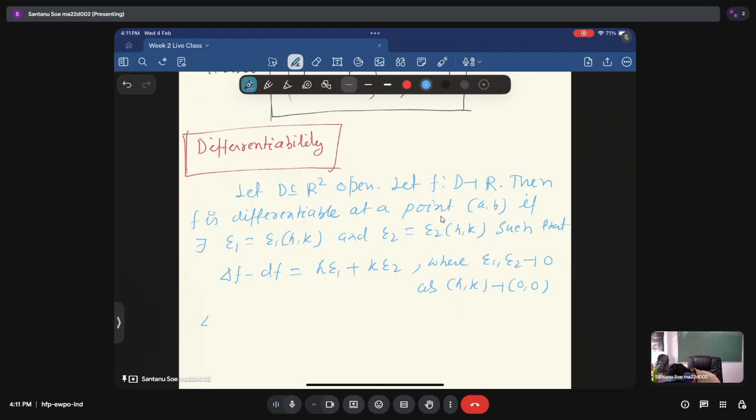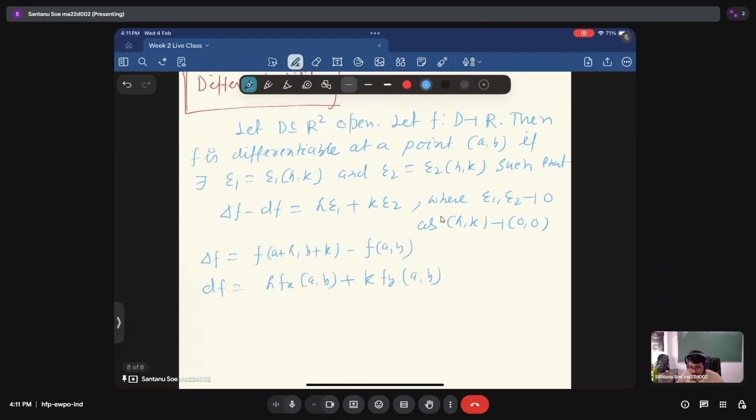So here del f is nothing but f of (a plus h, b plus k) minus f of (a, b), and df is nothing but h fx of (a, b) plus k fy of (a, b).